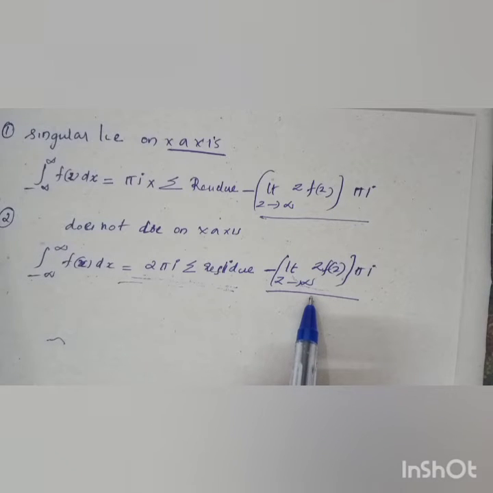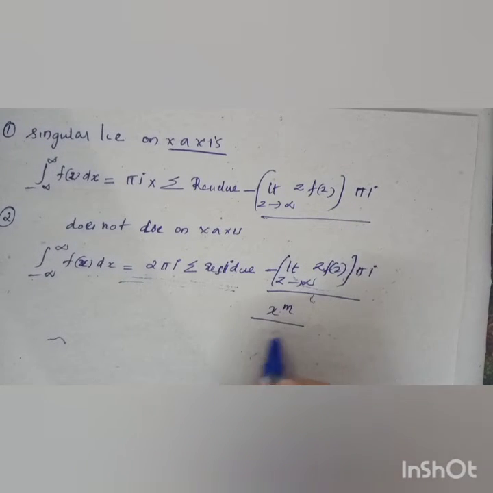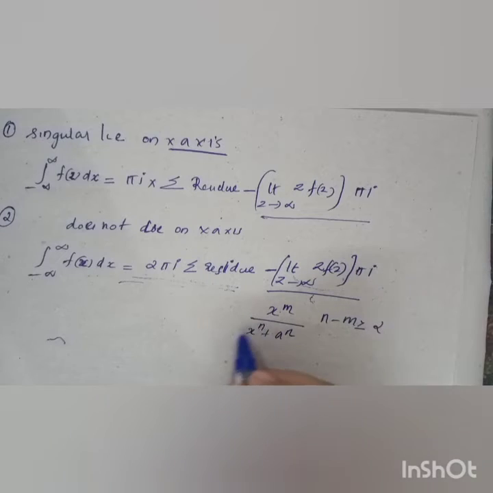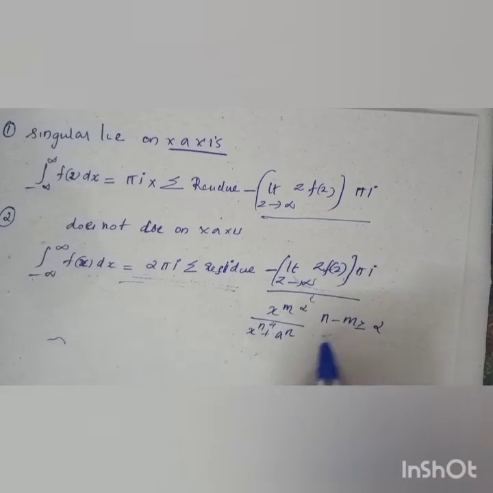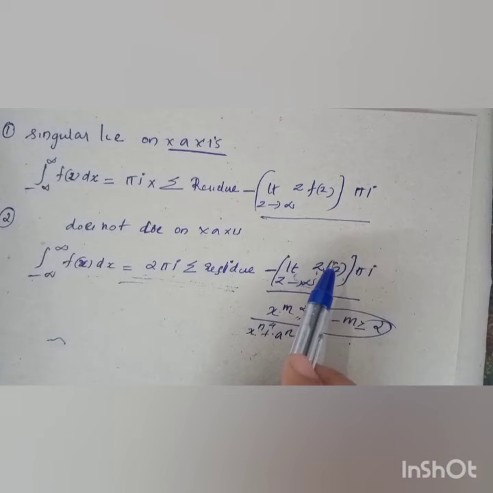That is, if you are considering a term like x raised to m divided by x raised to n plus a raised to n, then if n minus m is greater than or equal to 2, like 2 or 4, the term is 0. Otherwise, you have to take the term.